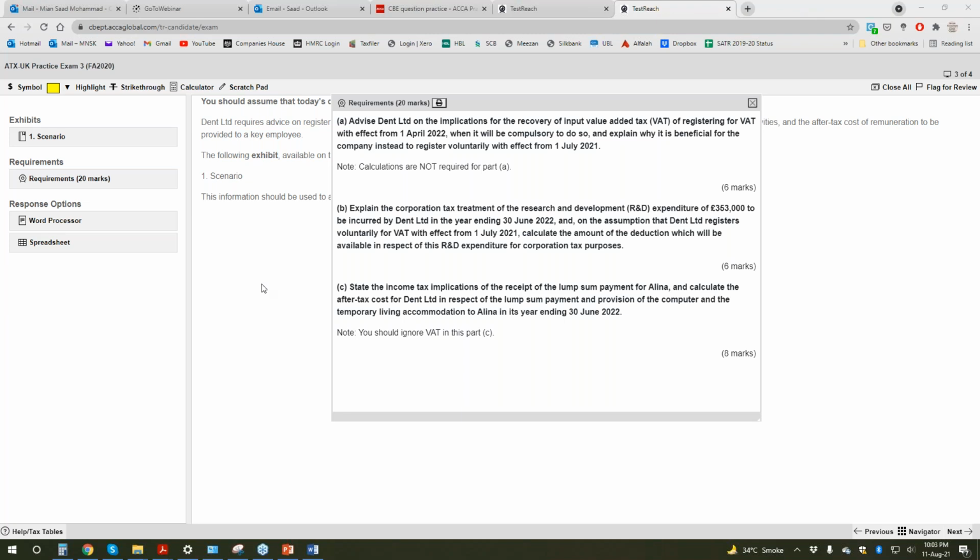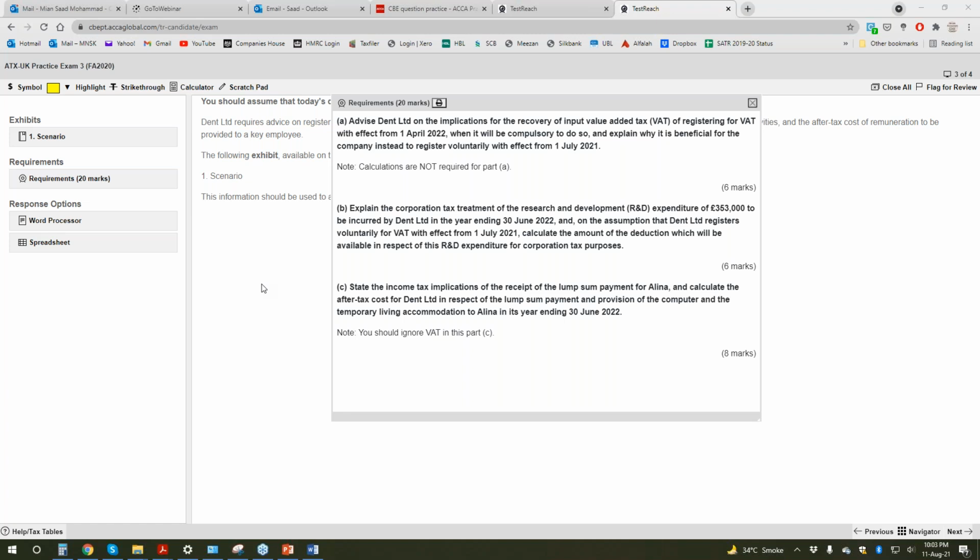So, starting with the first requirement: advise Dent Limited on the implications for recovery of input value added tax for registering for VAT with effect from 1st April 2022, when it will be compulsory to do so, and explain why it is beneficial for the company to instead register voluntarily with effect from 1st July 2021.